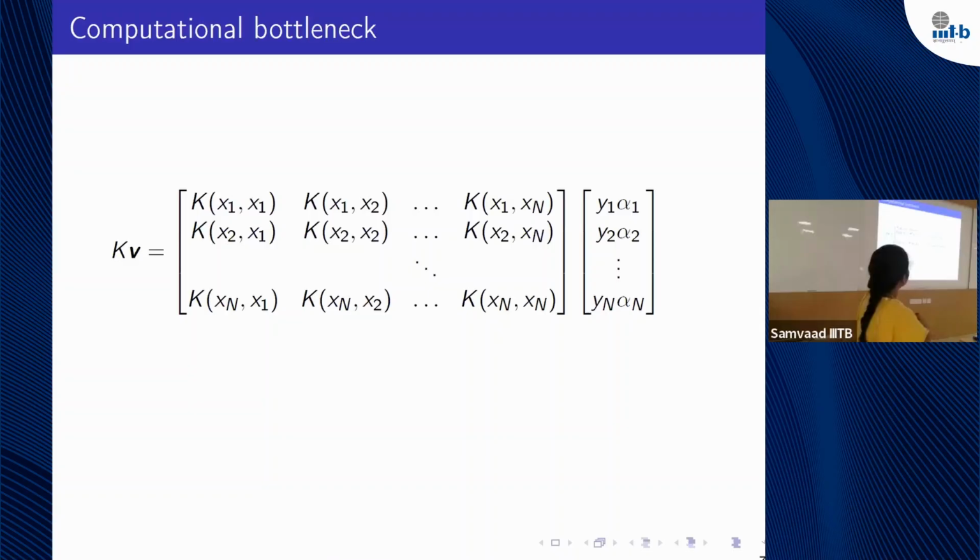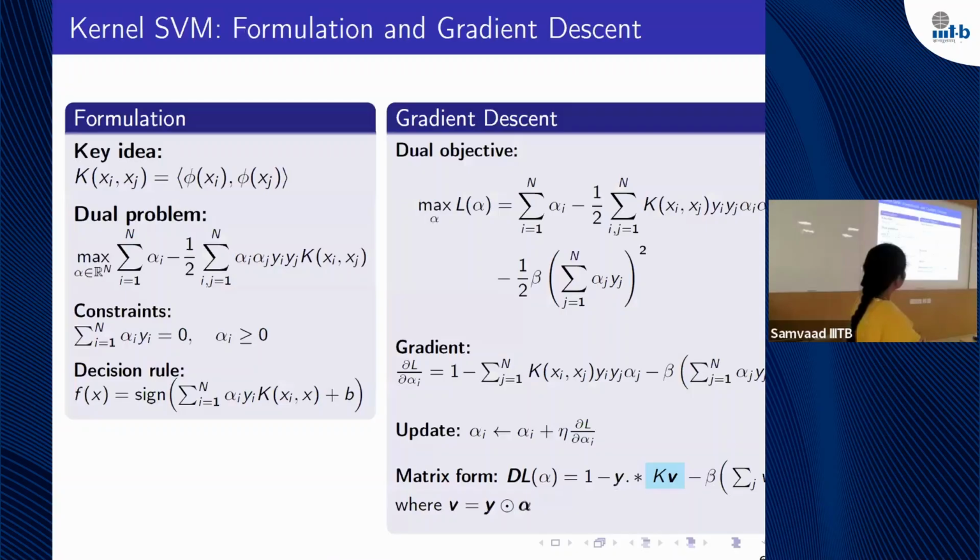Similarly, the other rows. So I have an n cross n matrix appearing in this expression of gradient. And here dot star, I'm using the MATLAB notation to represent the element wise product. So this is a vector multiplied element wise with this vector. Kv is a vector. So with element wise vector multiplication minus beta, this is also an operation on a vector, summing of elements in that vector times a vector y.